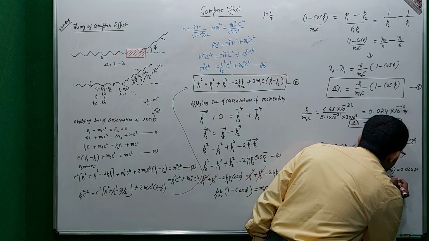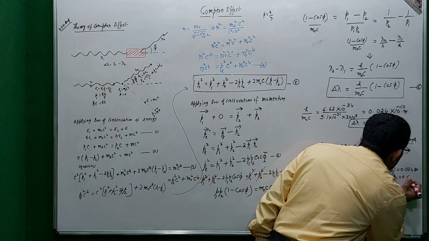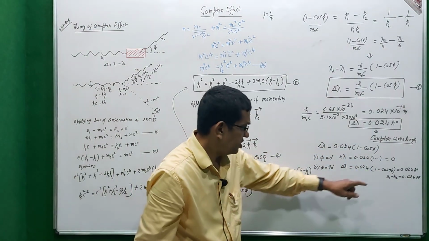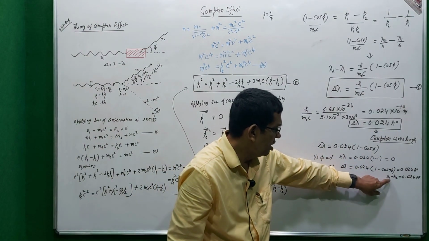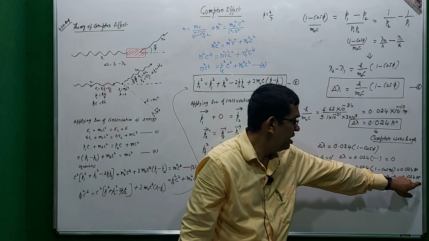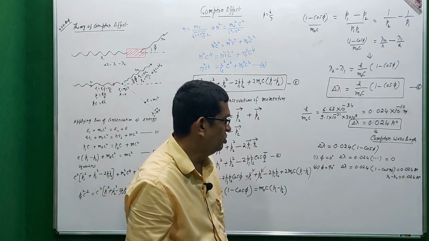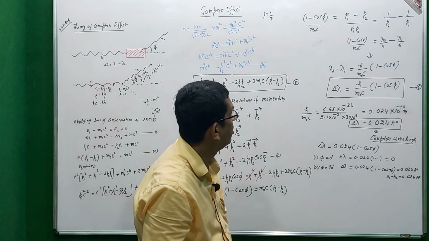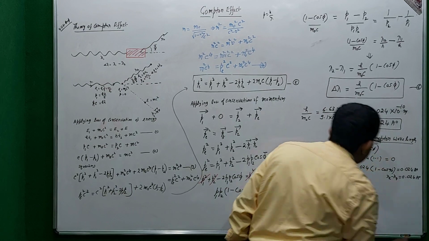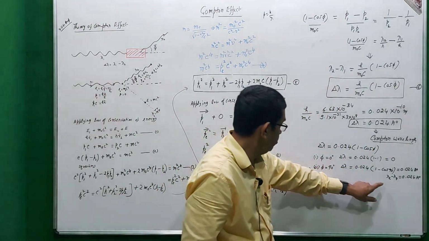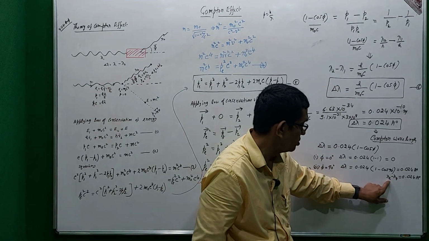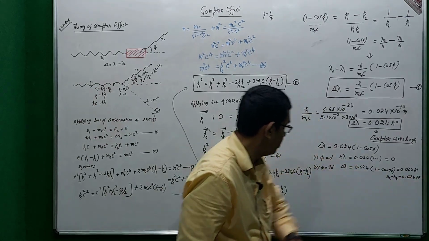That means lambda 2 minus lambda 1 equal to 0.024 angstrom, sorry, I made a mistake, it is lambda 2 minus lambda 1. And if you know lambda 1, you can easily find lambda 2, which is equal to 0.024 plus lambda 1.